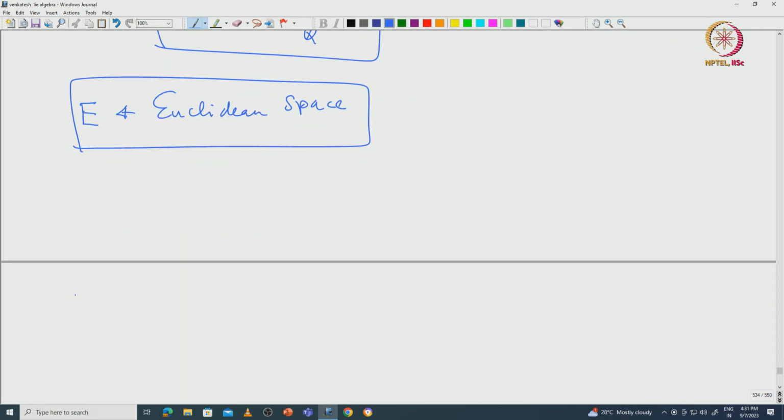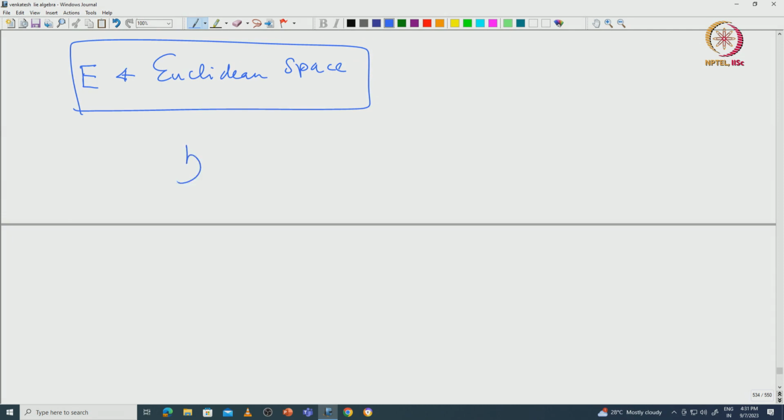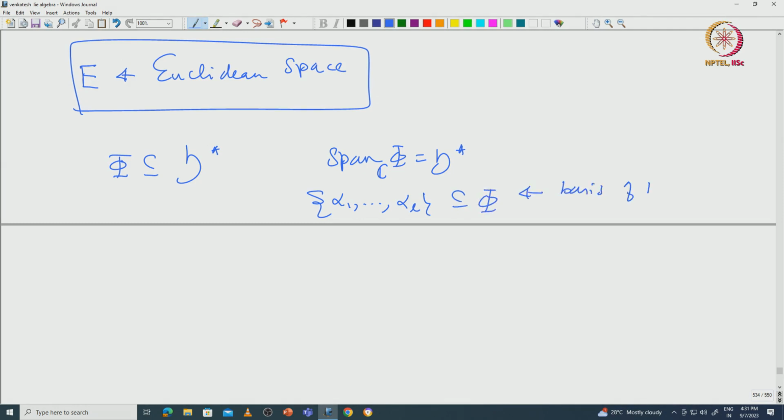So, so far what we have done: we started with this H star, and then we observed that this phi spans this H star. So, the span of phi is indeed equal to H star. So, we fix the basis alpha 1 etcetera alpha L inside this phi. That is the basis of this H star.